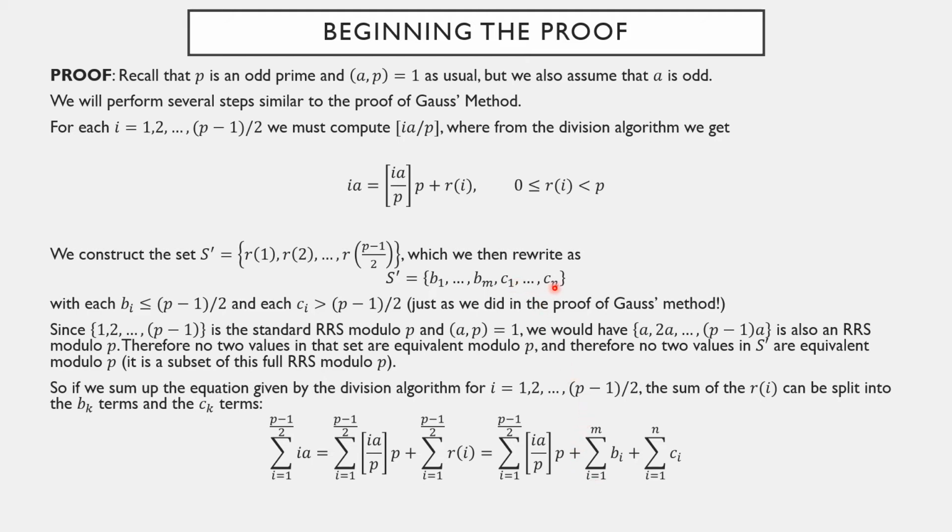They go from index 1 to N, so this sum goes from 1 to N. So altogether, these two terms simply add up all the remainders we generated, so it corresponds to this single sum here. By adding up the left, we got this. By adding up the right, we transformed it to look like that. So these two things must be equal just by adding up the division algorithm over and over again.